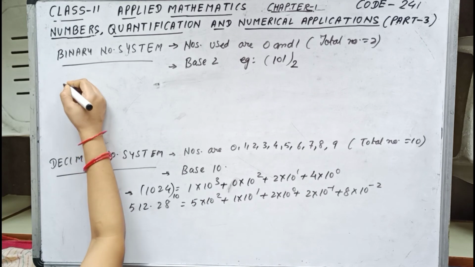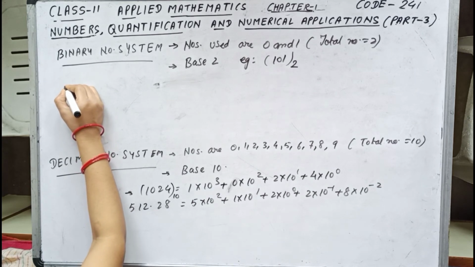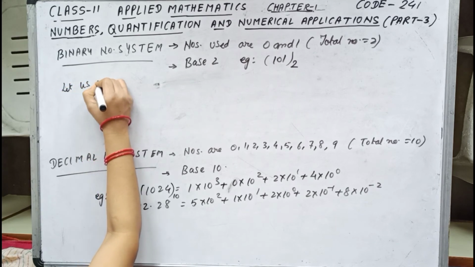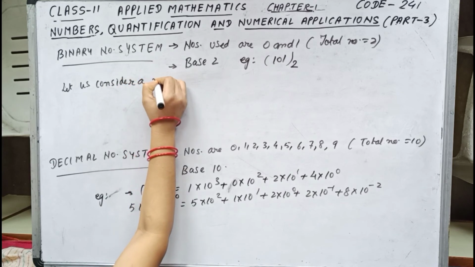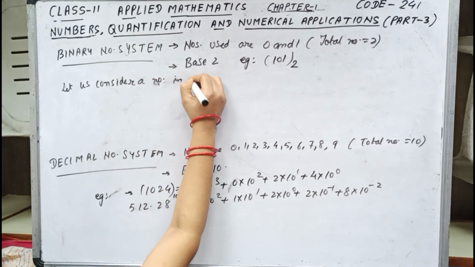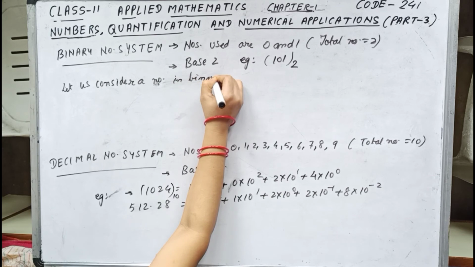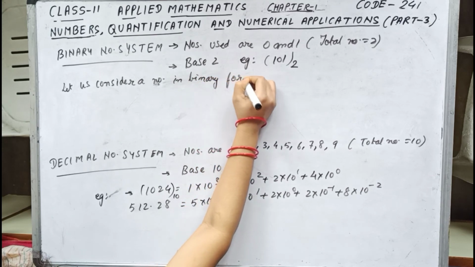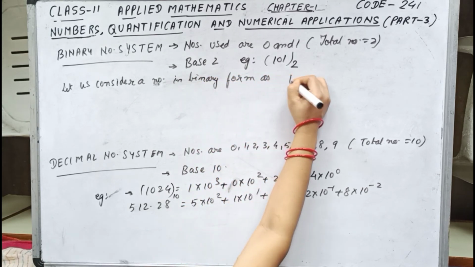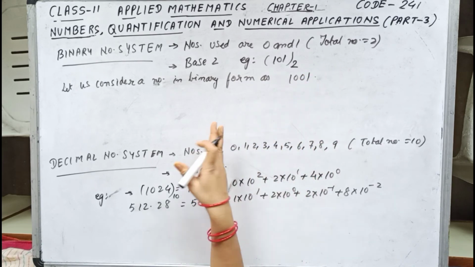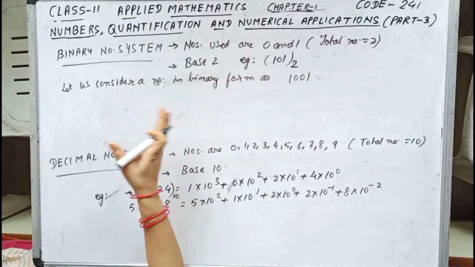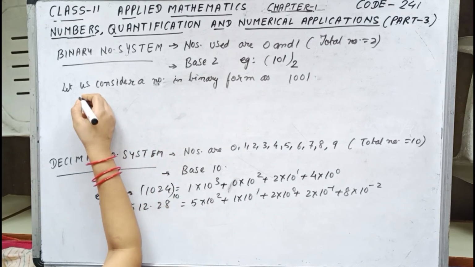Now let us take one example. Let us consider a number in binary form, 1001. Let us expand it in the form of the binary number system.